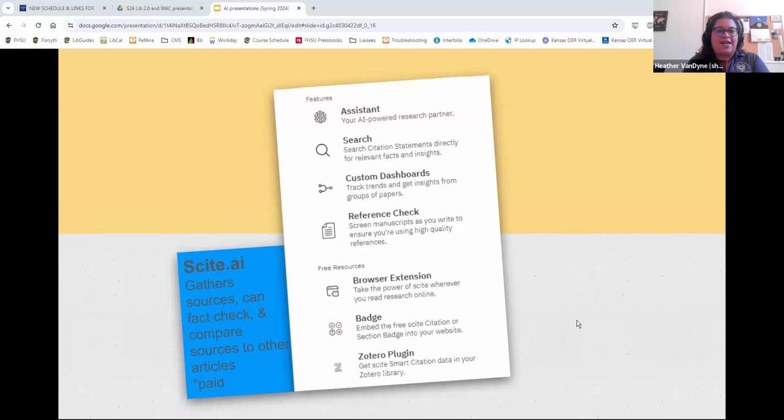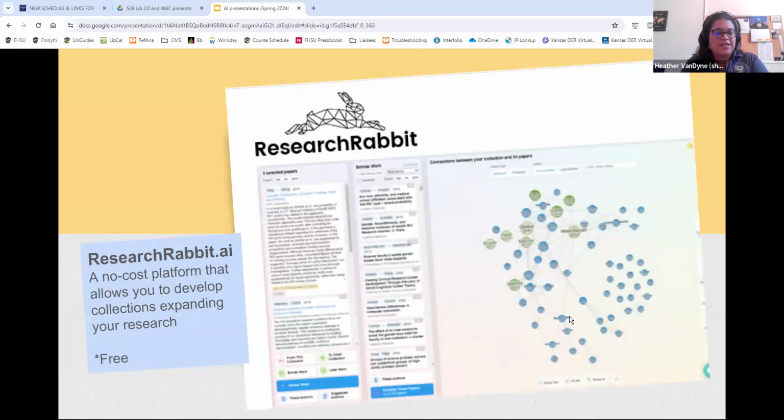All right, next slide. And the next one is researchrabbit.ai. This is a no-cost platform. It allows you to develop collections and expand your research.